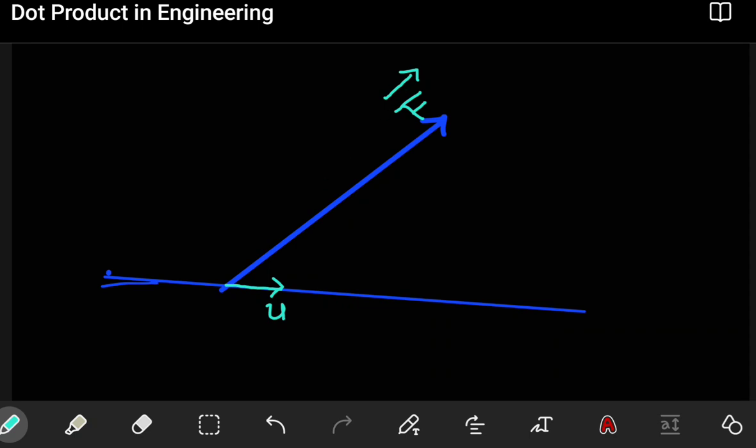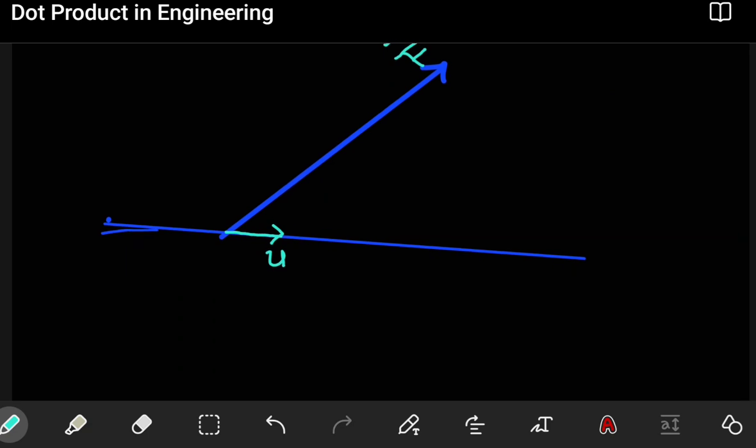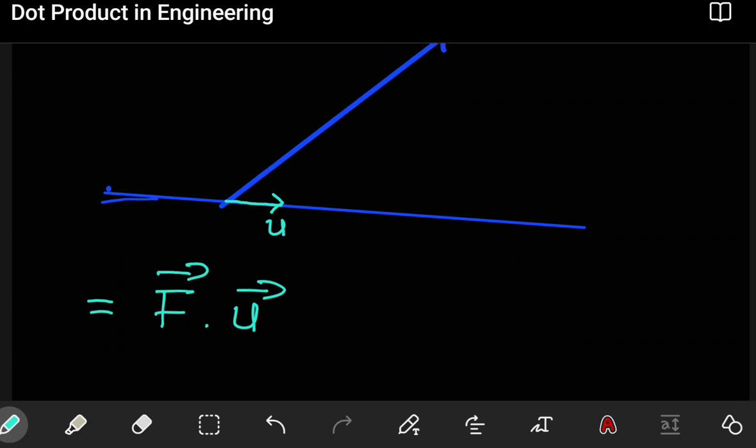If you know these two, the force in Cartesian vector form and the unit vector pointing along the direction where you want to make the projection, then the component in that direction will just be equal to the dot product of the force and the unit vector. This is all that you have to do.